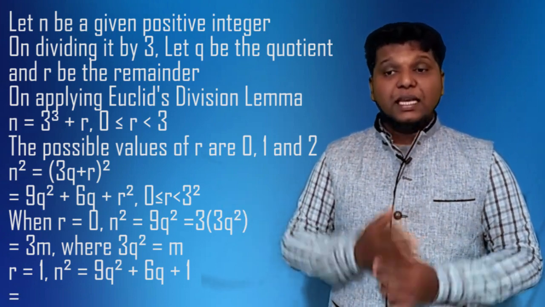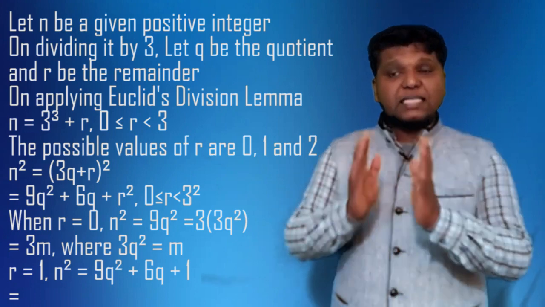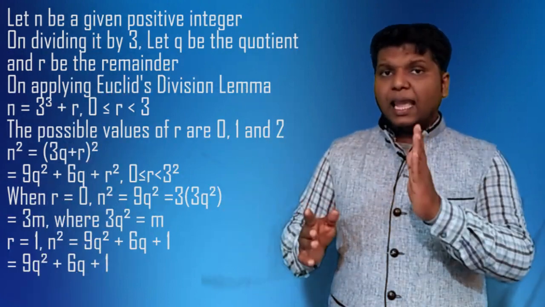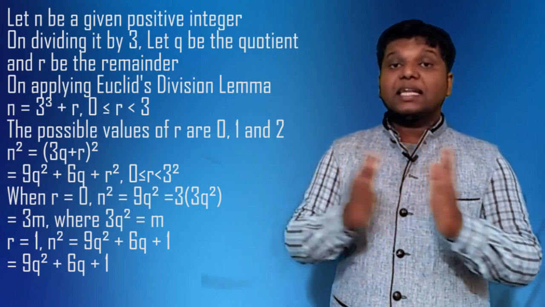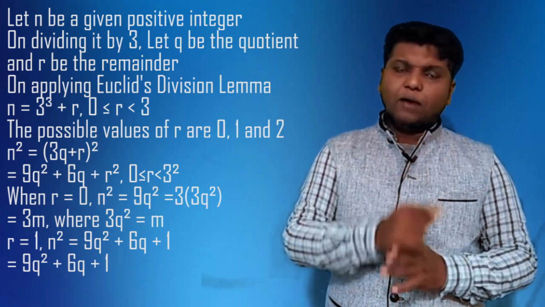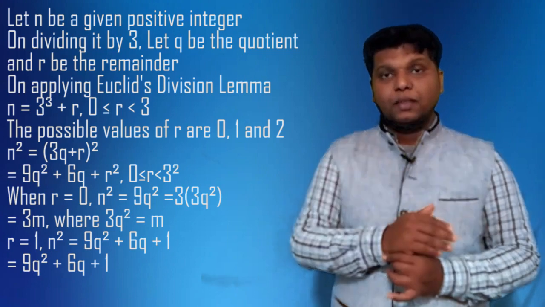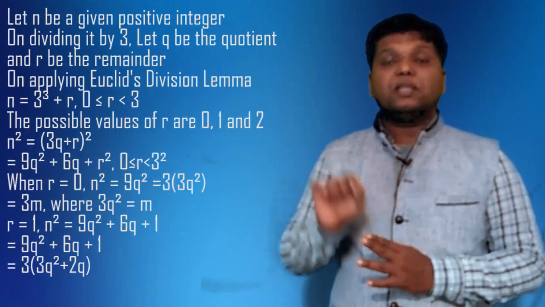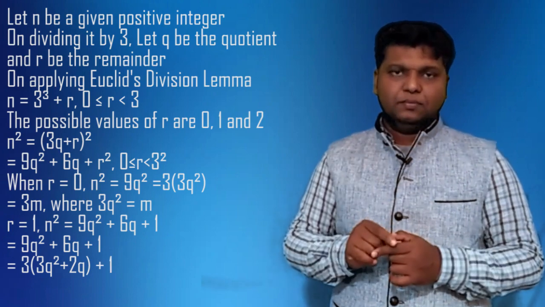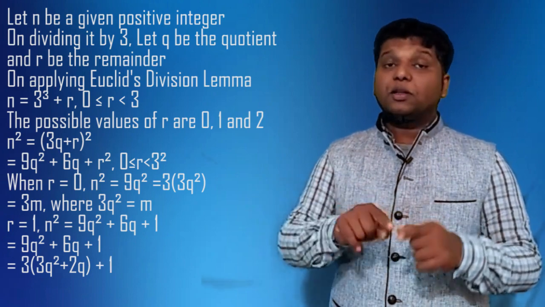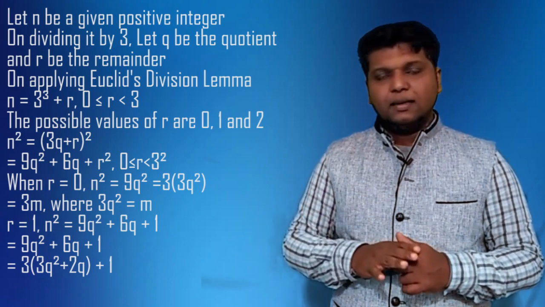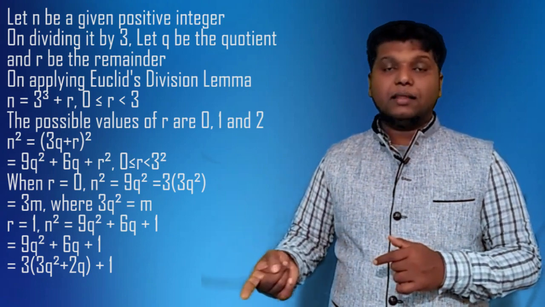That is equal to, see the first two terms, 9q² and 6q. You can take 3 as common, right? If you take out 3, then 3 into, what can you write? 3q² + 2q within brackets, plus 1. Now 3q² is already an integer. 2q will be another integer.